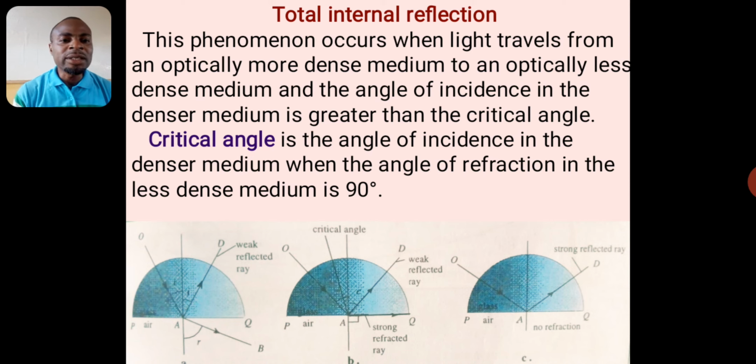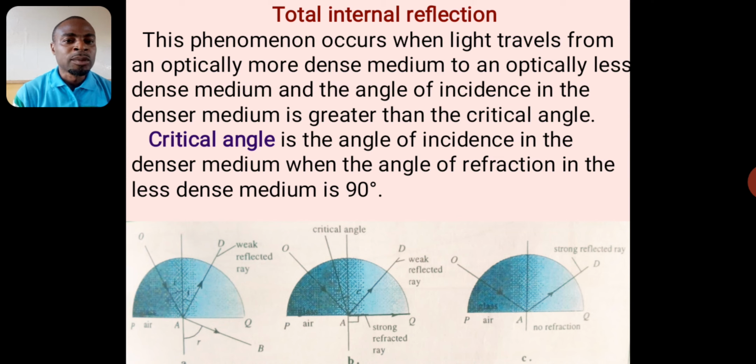The second diagram again, what is happening there? If we increase the angle of incidence, the refracted ray will keep on bending away from the normal. Please take note of that. From what I have said before, when light travels from a denser to a less dense medium, the refracted ray moves away from the normal. So if you keep on increasing the angle of incidence, the refracted ray will keep on moving away from the normal, and a certain point will be reached when this refracted ray will lie parallel to the plane surface, as you can see in the second diagram.